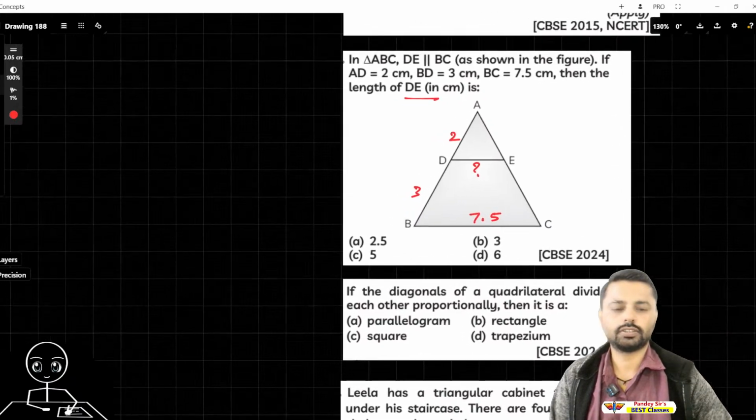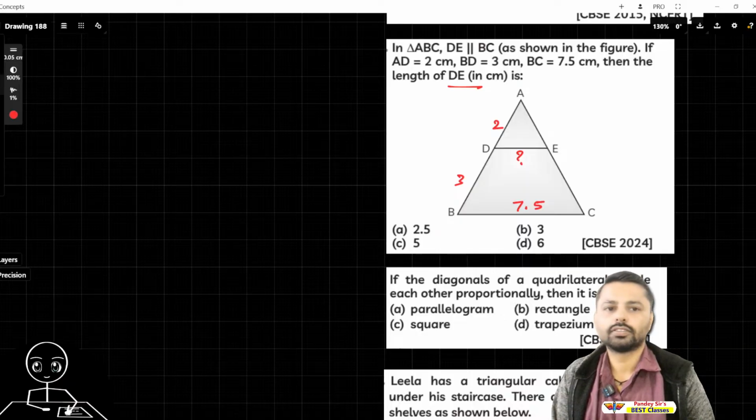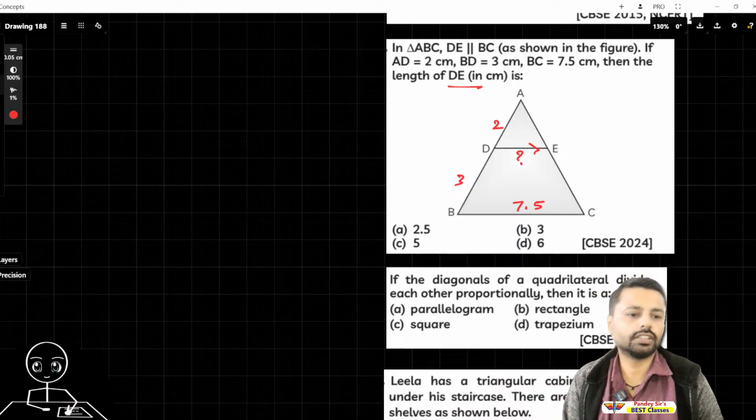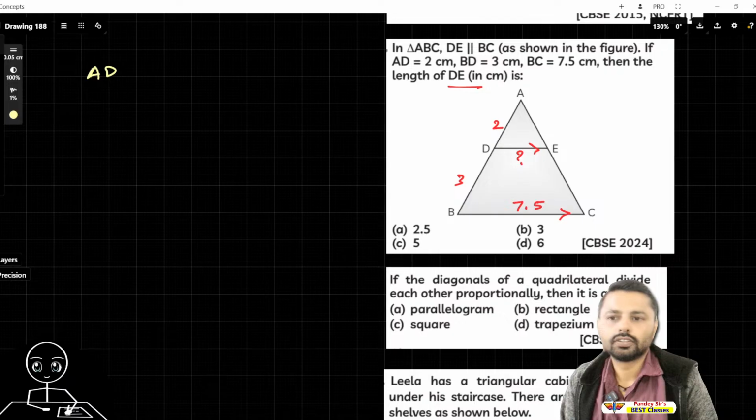Okay, nice. They have already given that these two sides are parallel. So AD by AB will be equal to DE by BC.